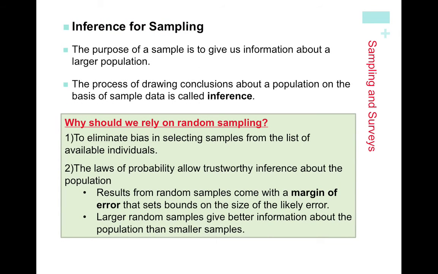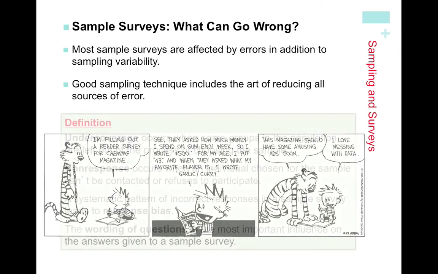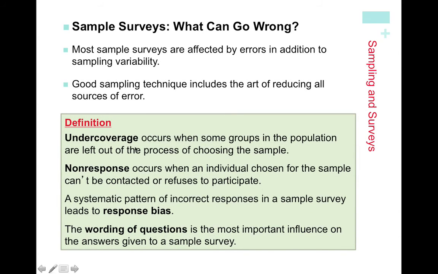Alright, so when we take a sample, we're going to eventually use that to infer something about the population. We use random sampling to eliminate the bias and also to minimize our margin of error. Larger samples are always better than smaller ones. So things can definitely go wrong. We could have undercoverage, which occurs when some groups in the population are left out of the process when choosing the sample.